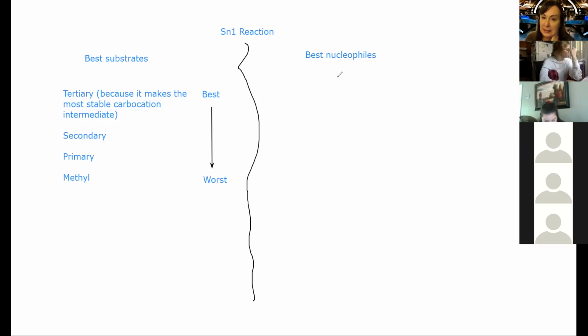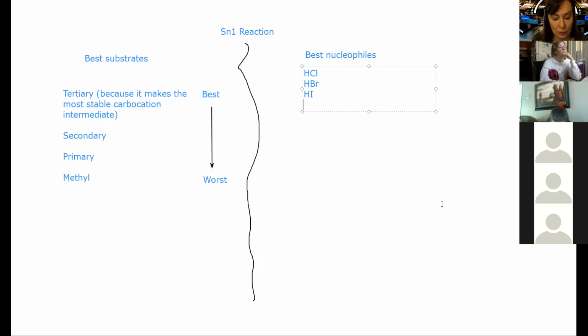In this case, in the SN1 reaction, instead of using salts, we're going to use the acid form of the nucleophile. So for example, if in the SN2 reaction we use sodium chloride, we probably want to use HCl here, hydrochloric acid, okay? If you use sodium or potassium bromide, you probably want to use HBr here. You can use HI to deliver iodine as your nucleophile instead of NaI or KI, like you did in lab number 5.